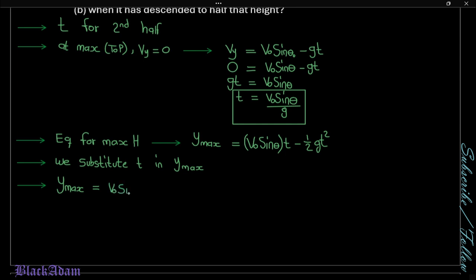So y max is equal to initial speed multiplied by sine theta, multiplied by v initial sine theta over g, minus half g multiplied by v sine theta, v sine theta, all over g squared.